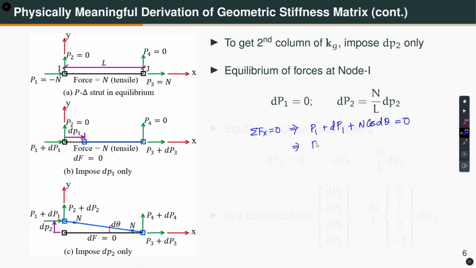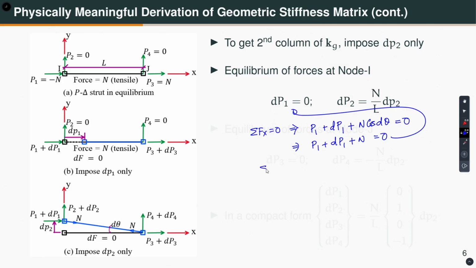So I get P1 plus dP1 plus n equal to 0. Now, what is my P1? P1 is equal to minus n, because this is in equilibrium with the axial force n. So these two will cancel and I get dP1 equal to 0.